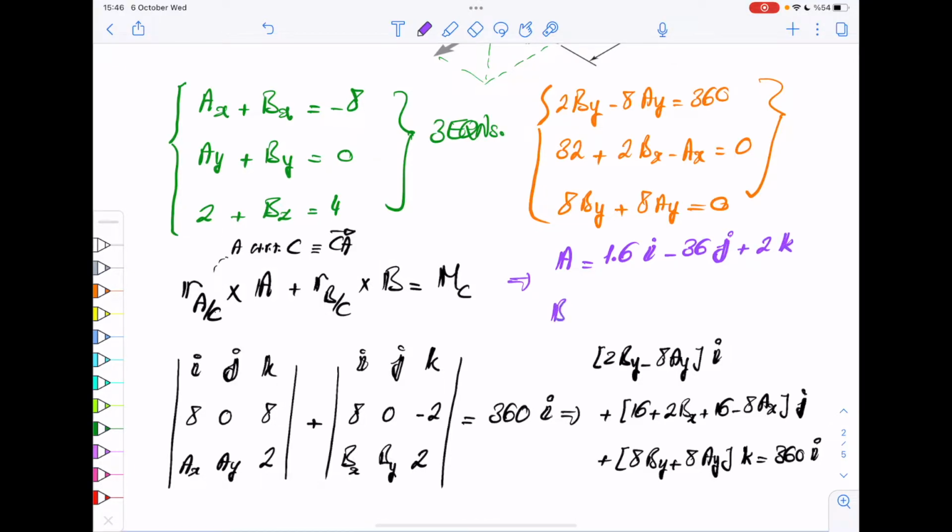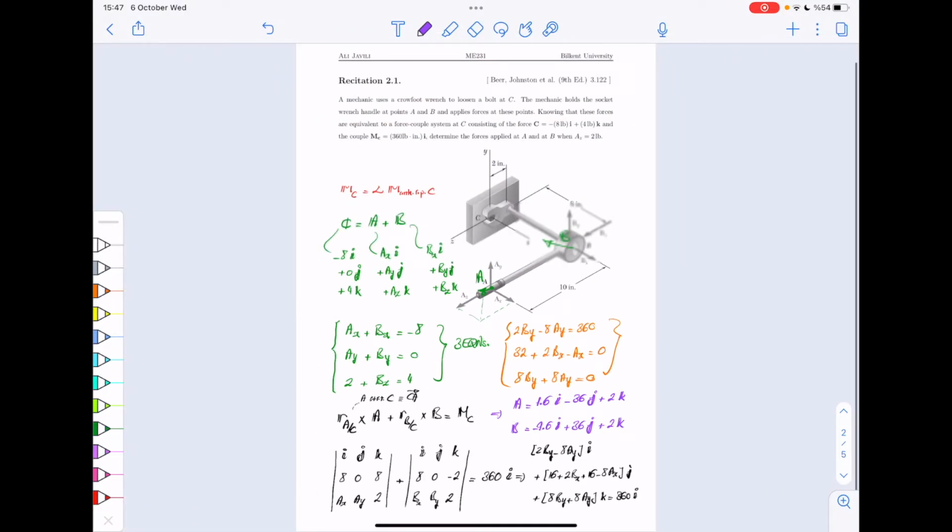And B would be minus 9.6 in I direction. So remember, these 2 together should be minus 8. So if A is 1.6, B should be minus 9.6. Then AY and BY are opposite, so that would be plus 36, and the last one we knew it was 2 already. Okay, so that's it. We know exactly now the forces. This is the solution.